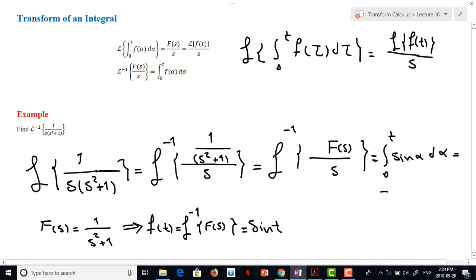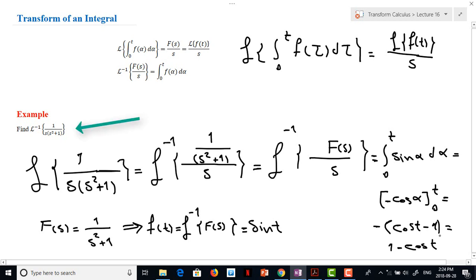The integral of sine is minus cosine alpha from 0 to t. Applying the upper limit, it is equal to minus (cosine t minus 1), or 1 minus cosine t. So we could find the Laplace inverse of this function using transform of an integral.